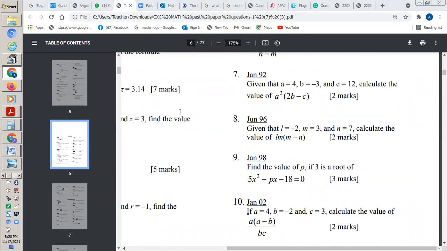All right, so this is what I want you to do. See, we're going to look at SBAs, but what's going to happen?